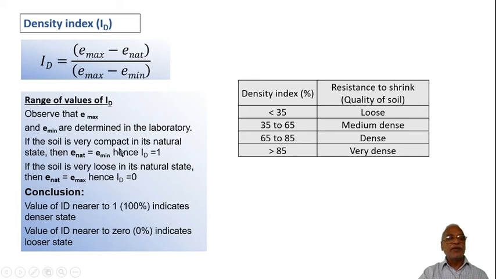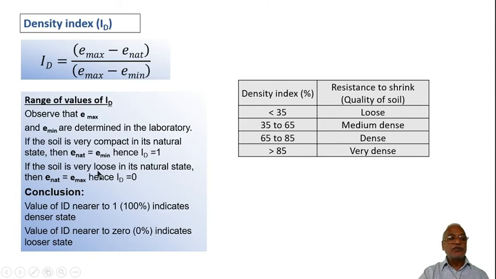If the soil is very compact in its natural state, then E natural will be E minimum. Compact in the sense voids are less, that's why E will be minimum. So E natural will be equal to E minimum. Because of that, the ratio becomes 1.